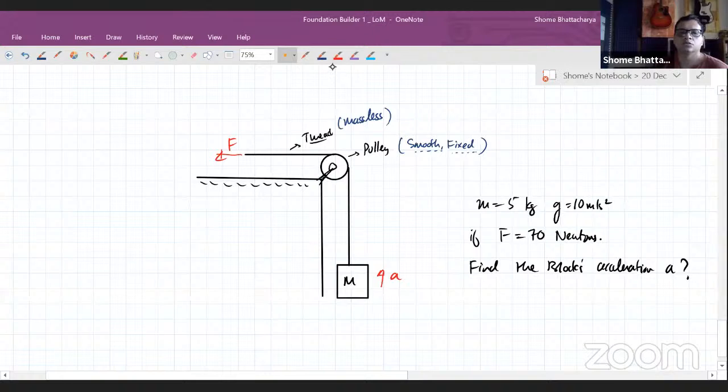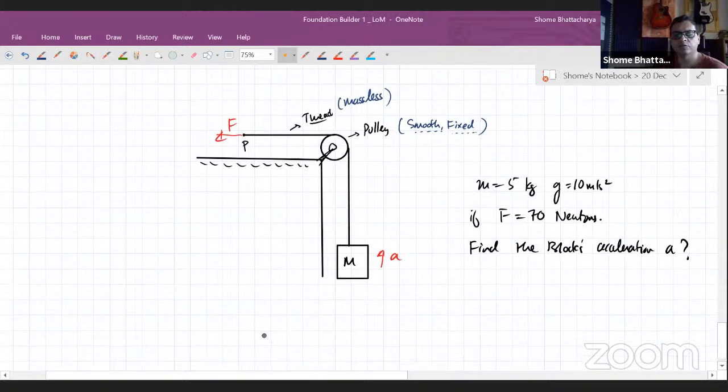Okay, so immediately the thing we have to understand in the question is that the end of the thread where we are applying the force is a massless thread. So if you make a free body diagram of that end point of the thread, then the net force on it should be 0.